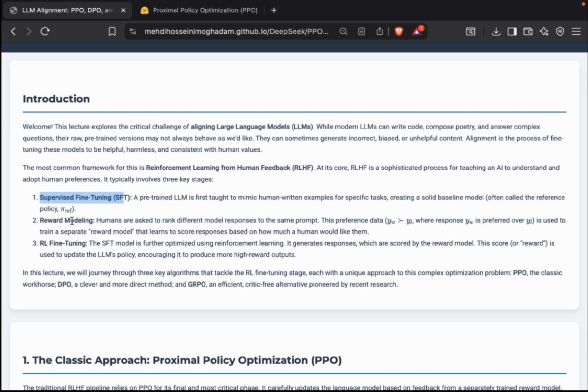But when we do the reward modeling or human feedback, humans are asked to rank different model responses to the same prompt. So this would give a kind of preference data. Imagine we have a prompt and we can call it X. We can have a couple of different responses for that.